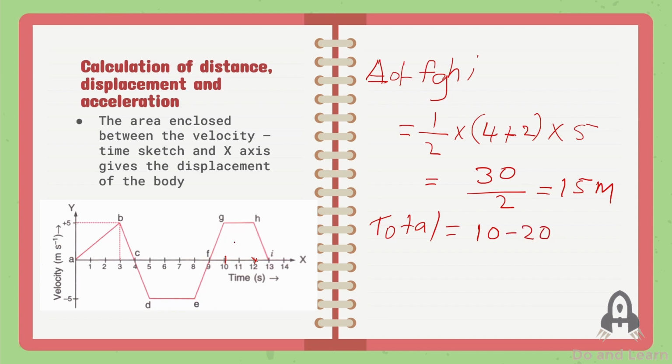Then the area below the curve FGHI is positive, that we have calculated just now, that is 15 positive displacement. So 10 minus 20 plus 15, how much? 10 minus 20 plus 15, that is equal to 5 meter. 5 meter is the total displacement.